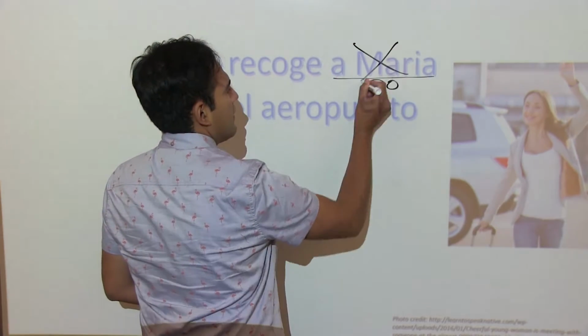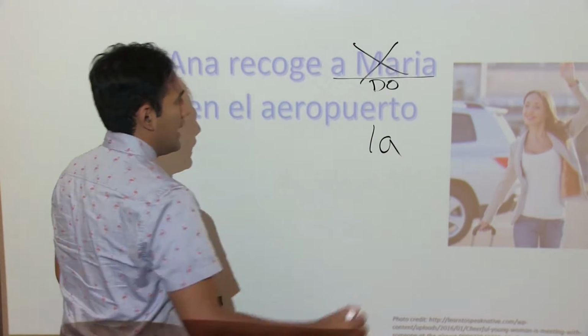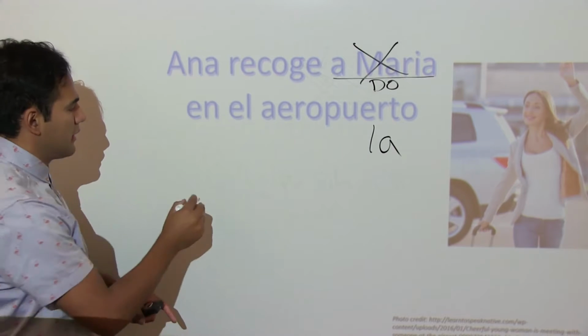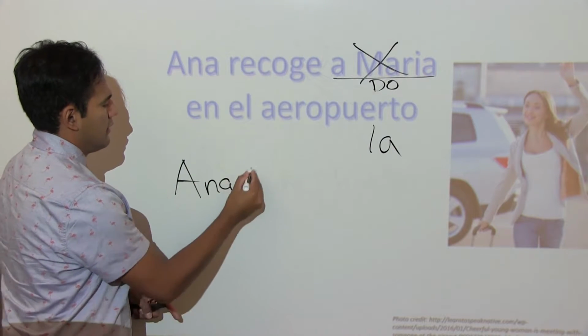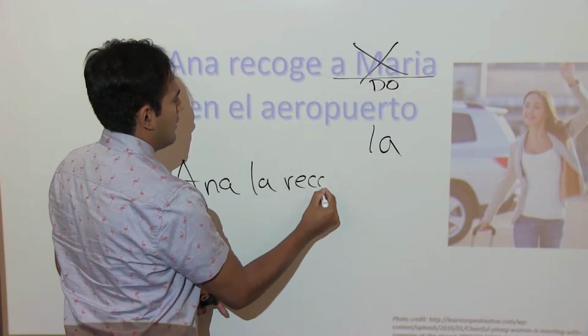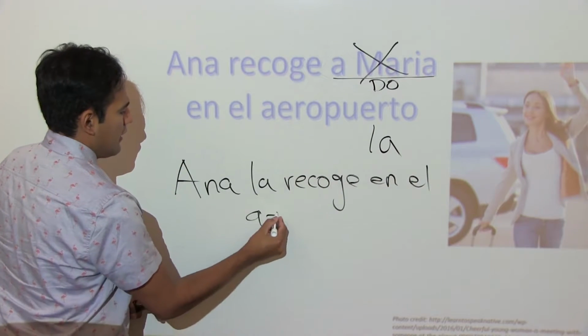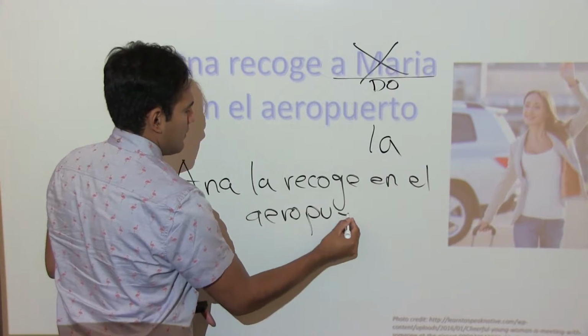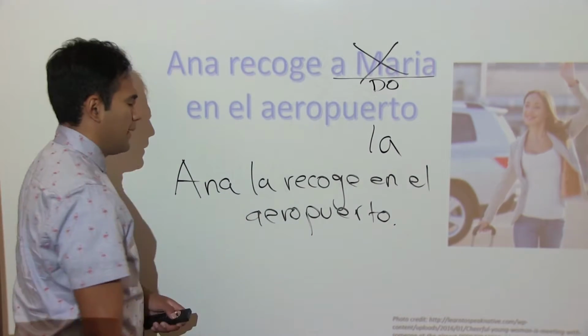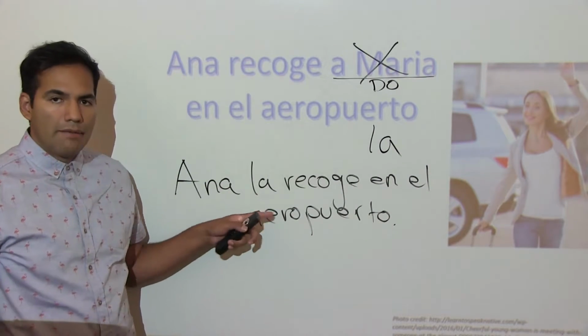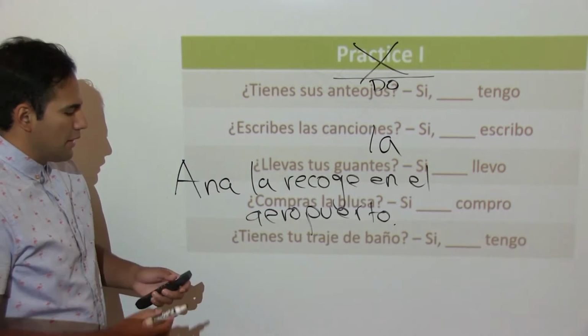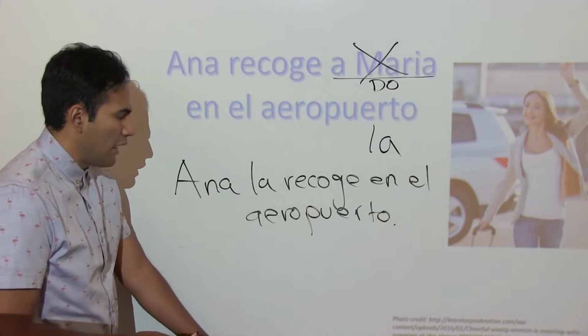So instead of María, we're going to use la. And remember, we put it before the verb. Ana la recoge en el aeropuerto. Notice again, we have it right before the verb. So that's how we're going to be using pronouns.